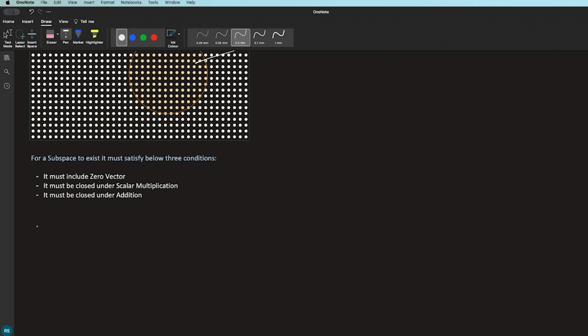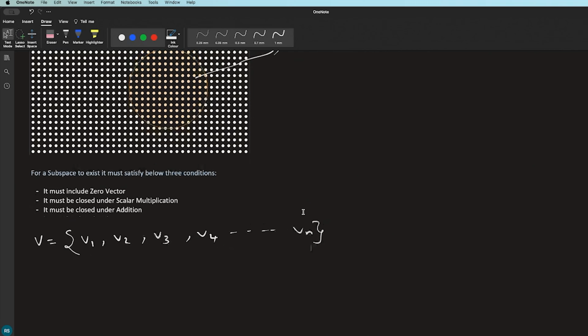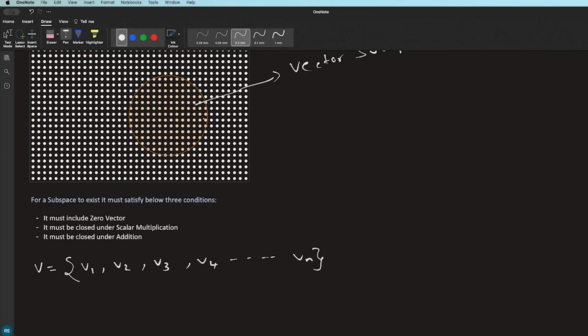Suppose this is my vector subspace V, which has multiple vectors: v1, v2, v3, v4 up to vn. This subspace is denoted by this vector set.